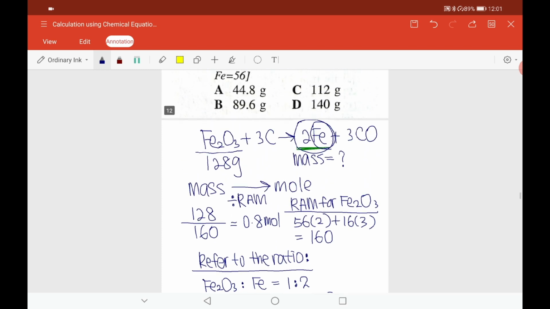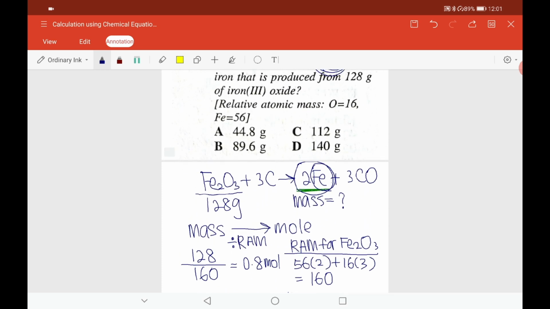You don't take the iron 56 times the 2 in front. The 2 in front is only for balancing the equation, so you don't include it in your RAM calculation.